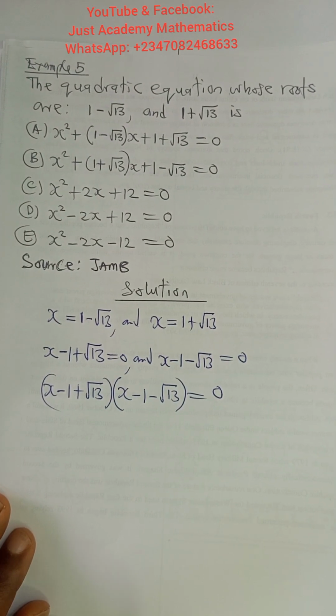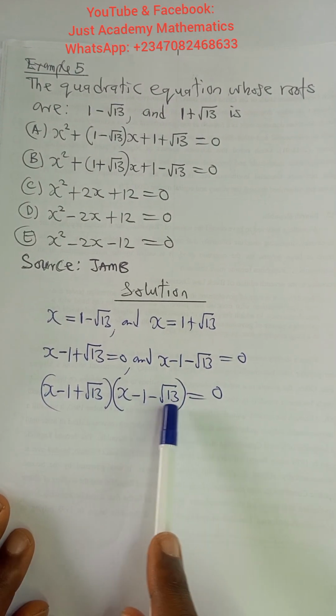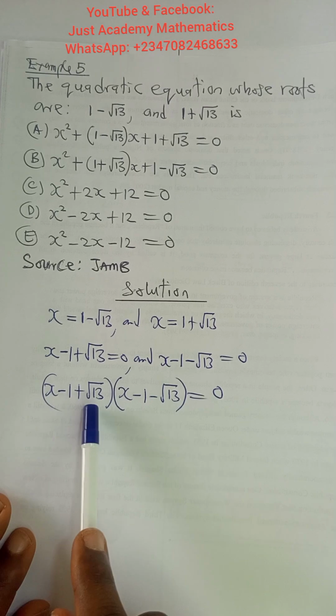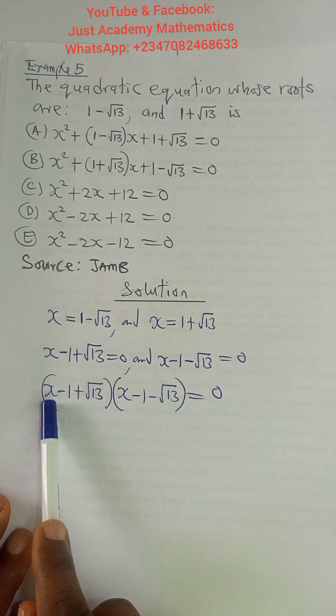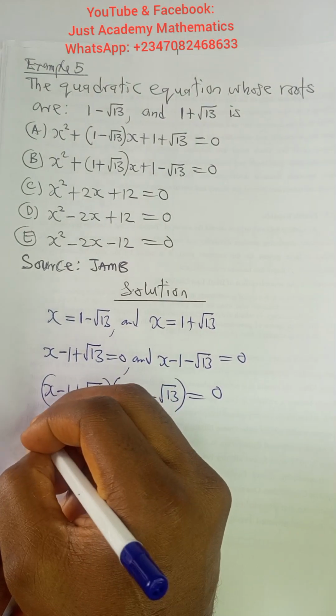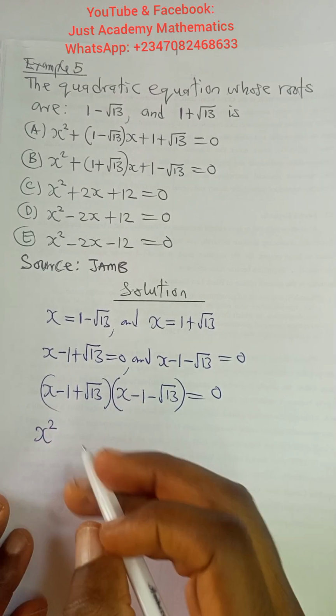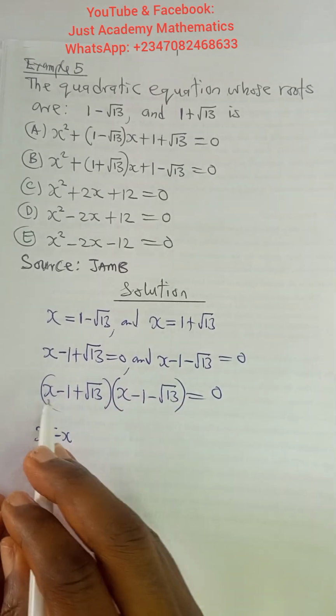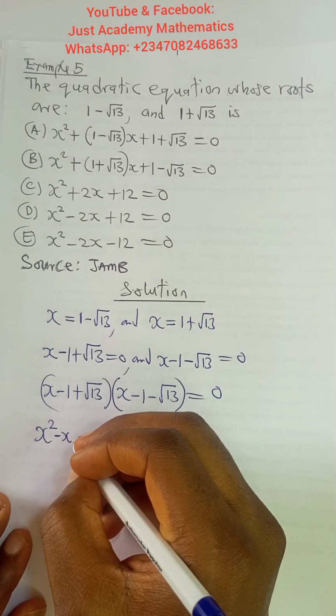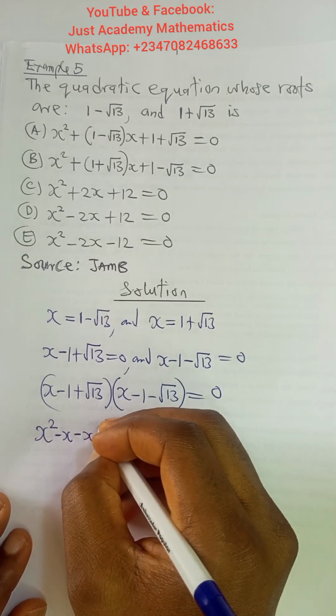So what do we do from there? We open the bracket. This x will times this 3, 1 will times this 3, root 13 will times this 3. So let's start with this. x times x is x squared. x times minus 1 is minus x. x times minus root 13 is minus x root 13.